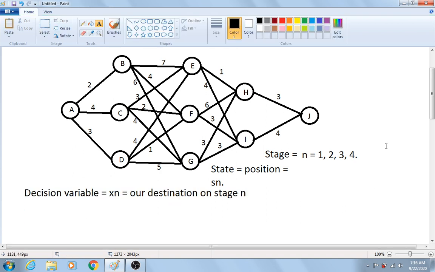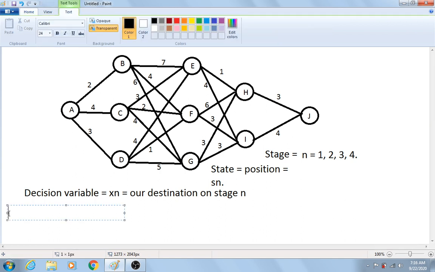So since we want to find the cheapest route, it is a minimization problem, right? What we want to minimize is the total cost of going from A to J. Minimizing the total cost of going from A to J is the same as minimizing the cost of going for every stage.